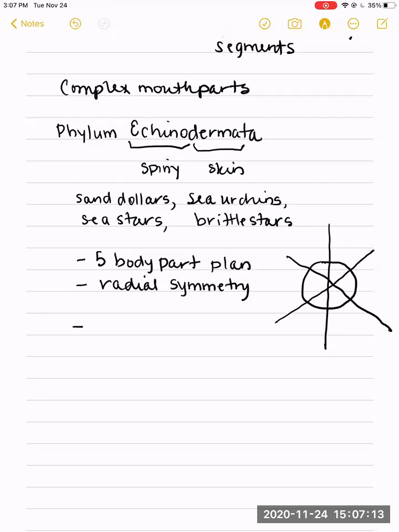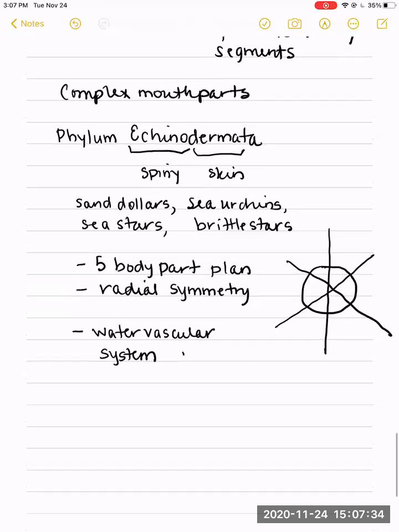They have what's called a water vascular system, where it's a system of tubes that fill with water to help them move. And if you've ever seen a sea star moving very slowly in a tide pool, you've seen that water vascular system at work. And it's combined with what are called tube feet. And those little tube feet are filled with water also.